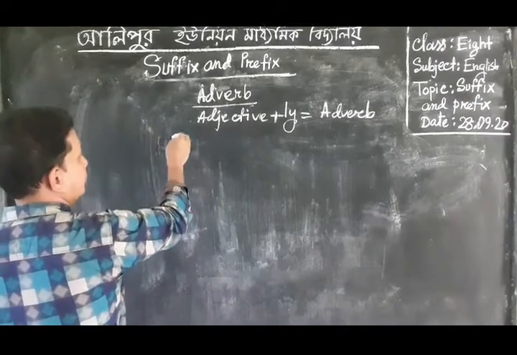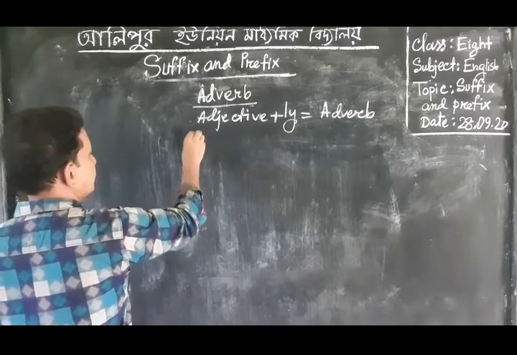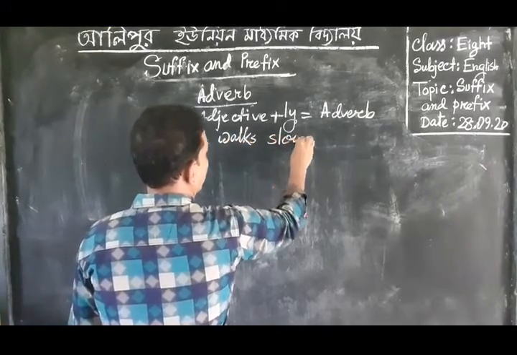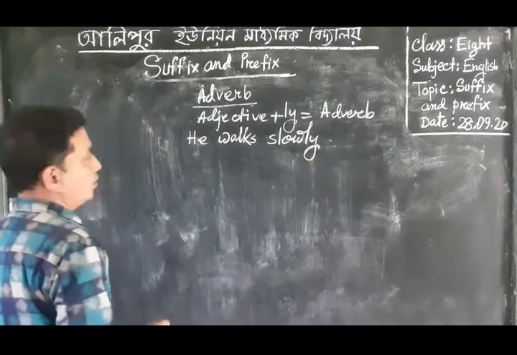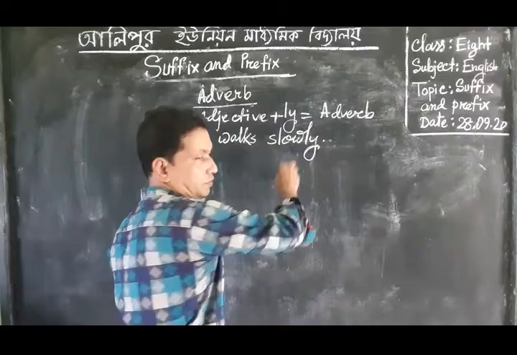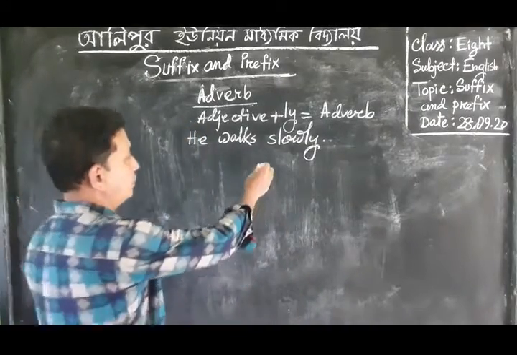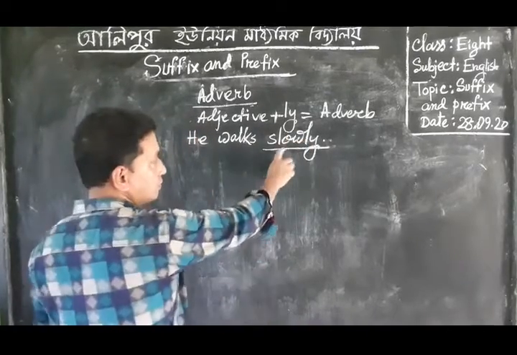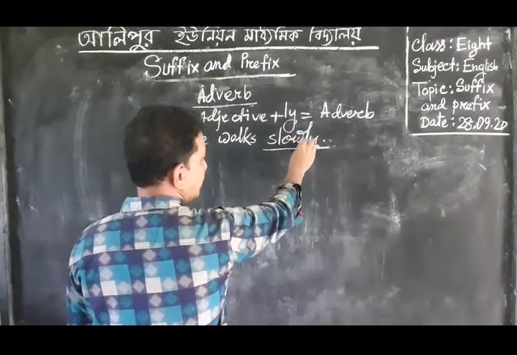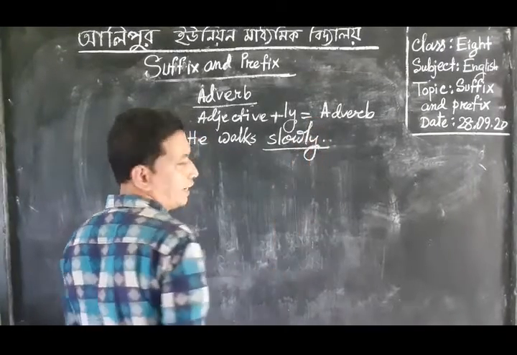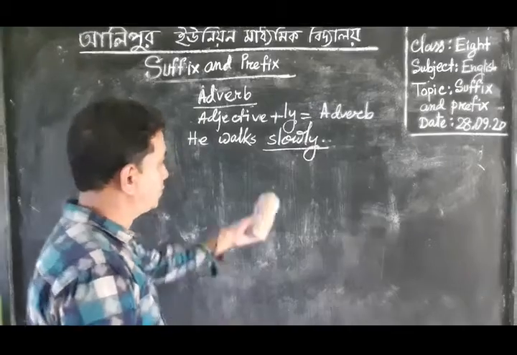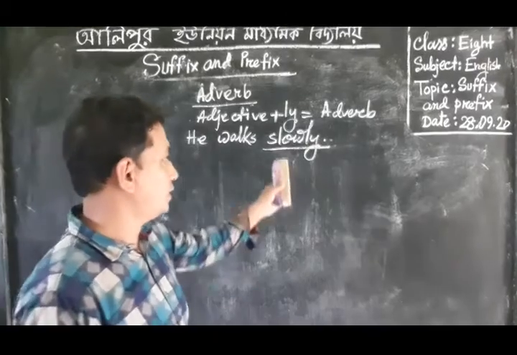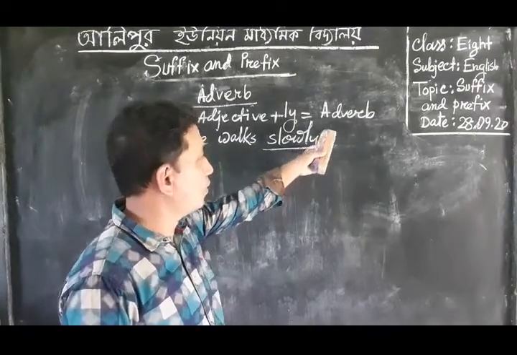Suppose, he walks slowly. Here slowly is the adverb because slow is an adjective, and at the end of the adjective, ly is added. Ly is a suffix, and when ly is added after the adjective, it is called adverb.